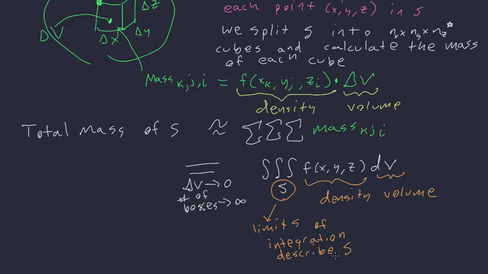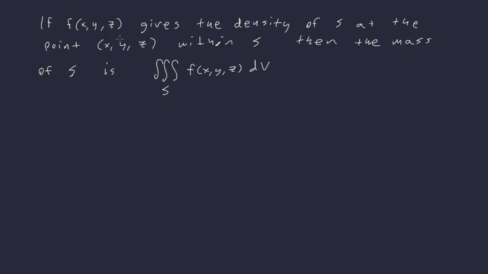Okay, so how do we set these up in practice? If f of x, y, z gives the density of S at the point x, y, z within S, then the mass of S is this triple integral. Now, how we set this up, well, there are a myriad of different ways to do this. Here's the suggested way that I like to set things up when possible.